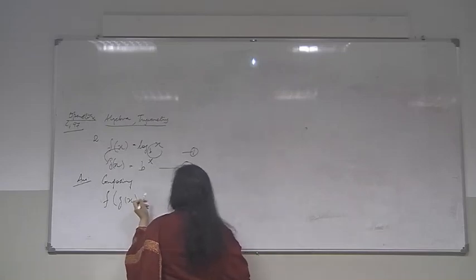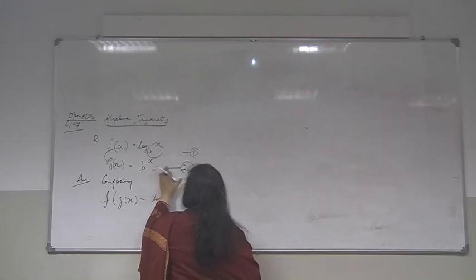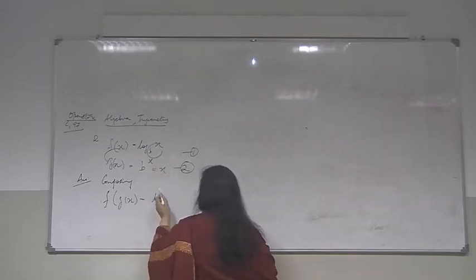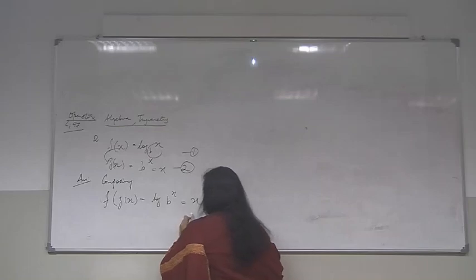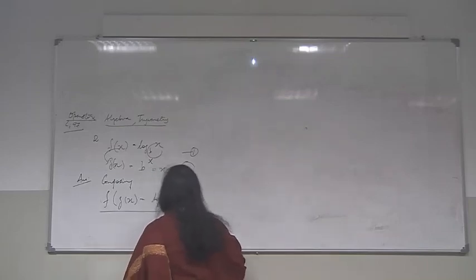So f(g(x)) in this case would be log. Now I can simply say that this is log of b, and since I can assume that this is equal to x, you can simply say that this is log_b x is equal to x. So you can simply compose, or you can express it in this form.